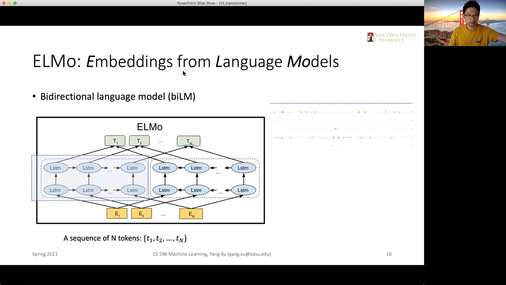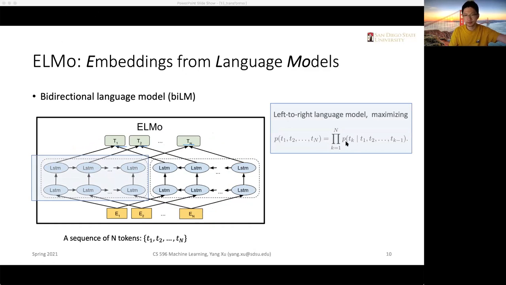When the model is being trained, the left-to-right language model, highlighted by this color, maximizes the conditional probability of the current word given the previous words. So it's a language modeling task.